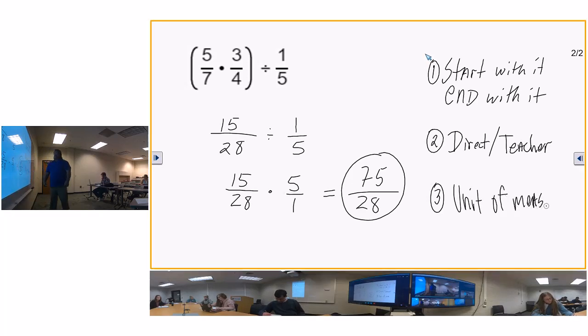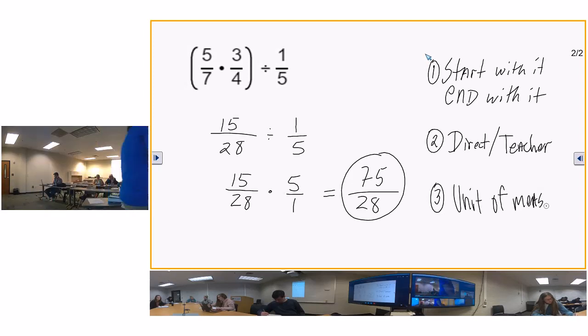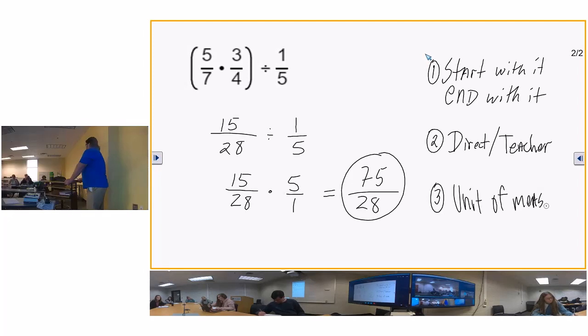If the question says, how many cups? How many miles? Nobody walks into Walmart or Lowe's and asks for 15/3 feet of rope. If you have a unit of measurement, you use a mixed number. Those are the three rules for mixed numbers.